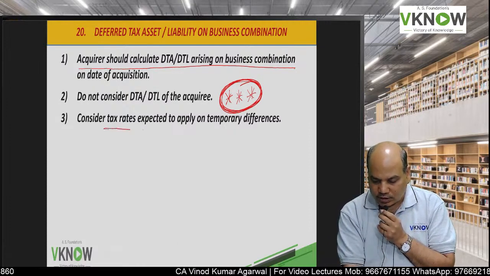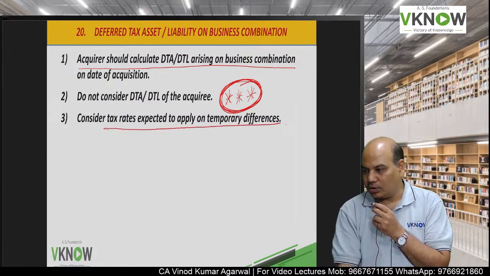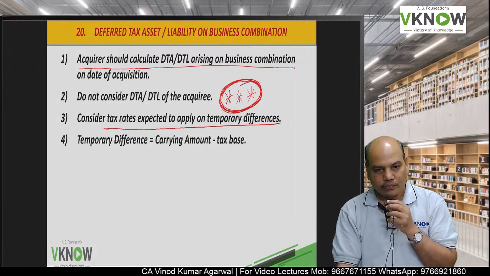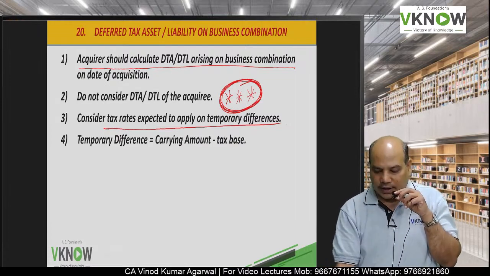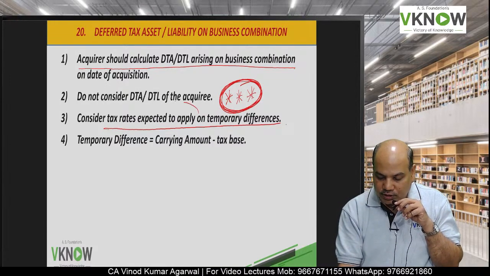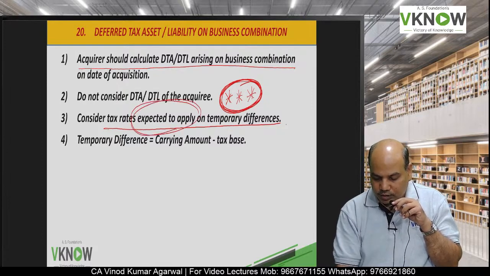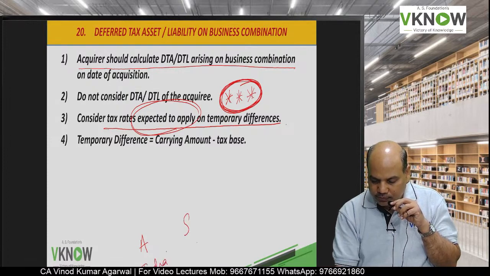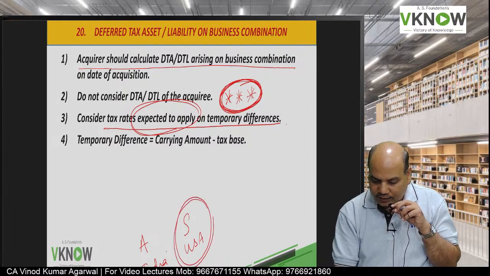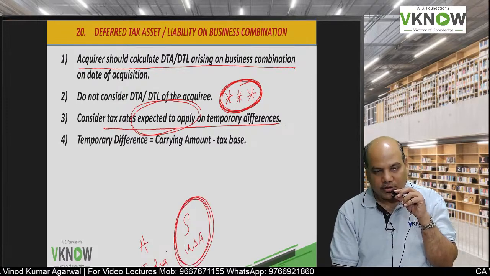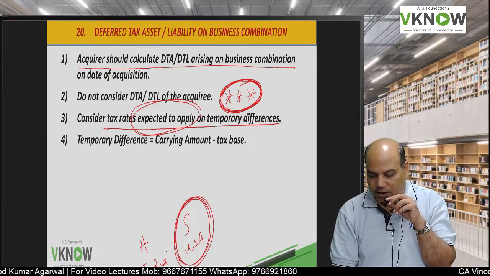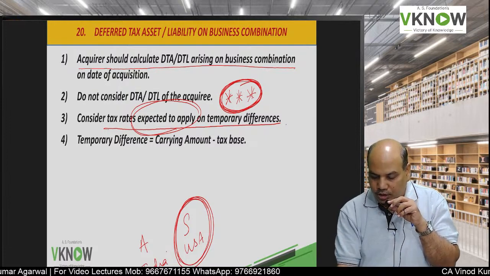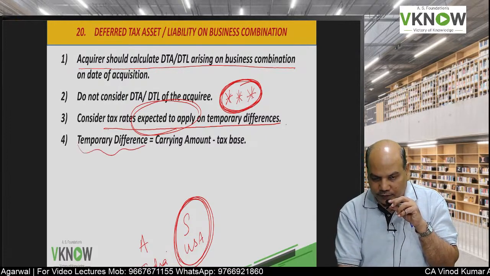Then we will consider tax rate expected to apply on temporary differences. We will only consider that tax rate which is expected to apply. If the parent company A is in India, subsidiary is in USA, then we'll take the tax rate applicable to subsidiary, not the tax rate applicable to India, and we will compute temporary difference.